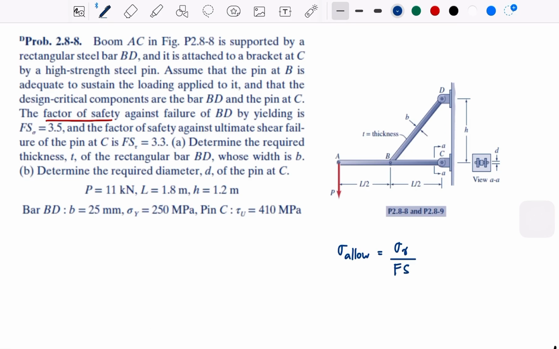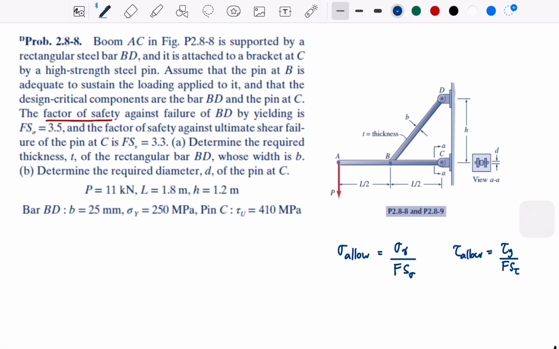Or tau allowable, the shear, equals the yield for tau over the factor of safety for tau, and this one is for sigma.